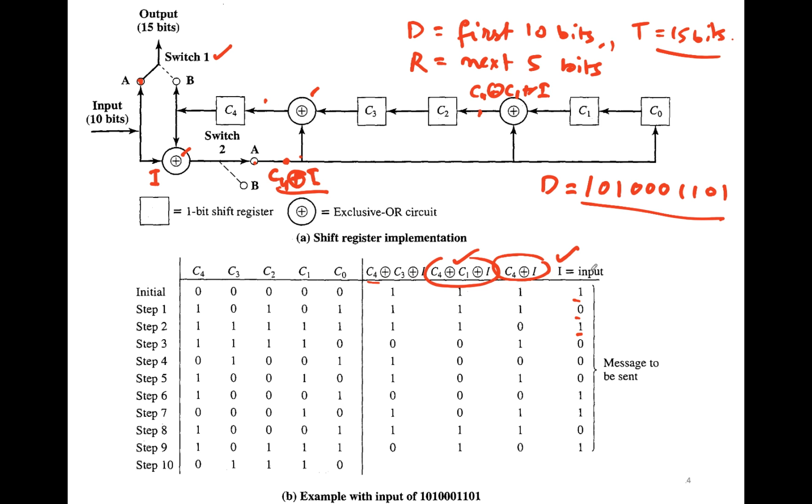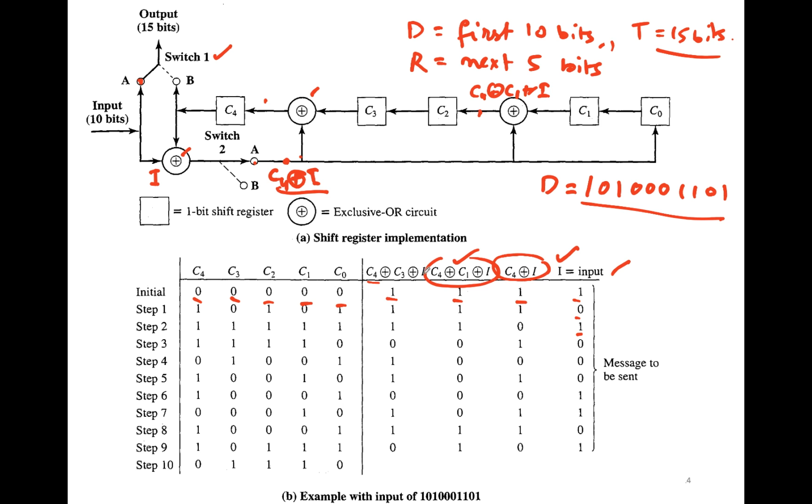So if your I is this, and let's assume that initially your C4 C3 C2 C1 C0 are all zeros, then the first few outputs will be like 1 1 1.